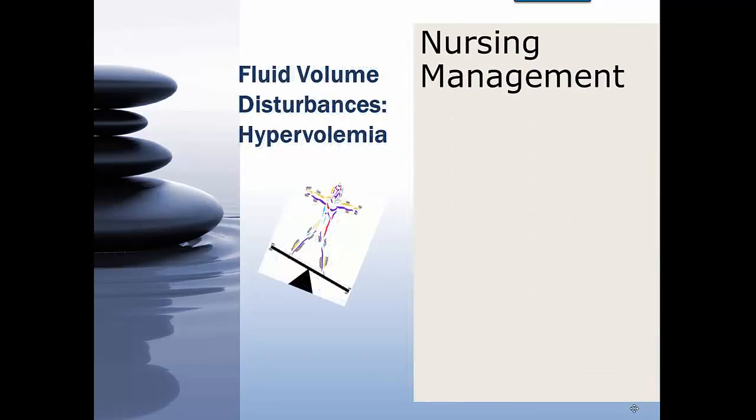Nursing management, once again: first thing we do is assess our patient. You want to assess frequently as well and use critical thinking. Strict I&O, a respiratory assessment for breath sounds, daily weights, vital signs, including orthostatic hypotension for sudden changes in fluid volume, especially when you're treating the hypervolemia, and you need to grade the dependent or pitting edema.